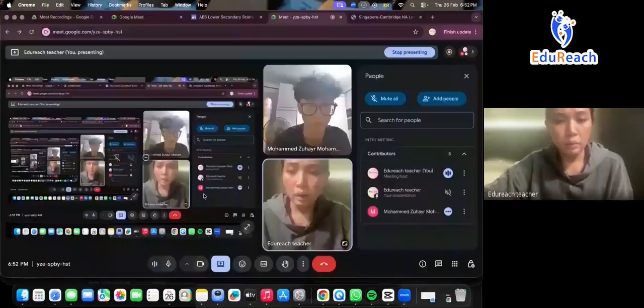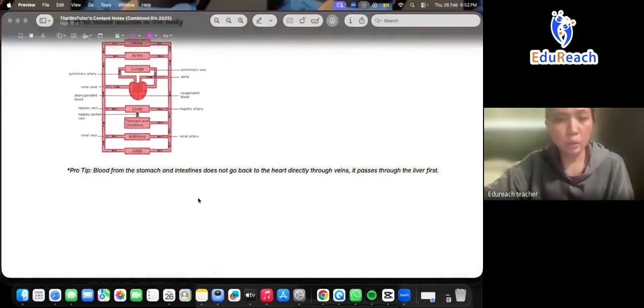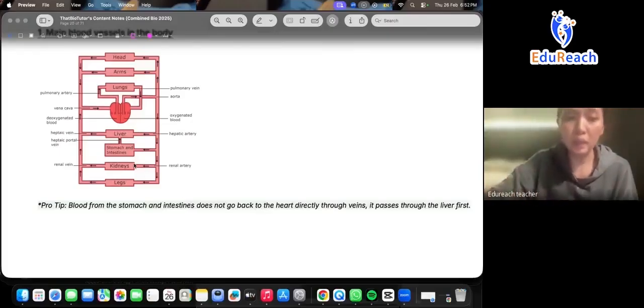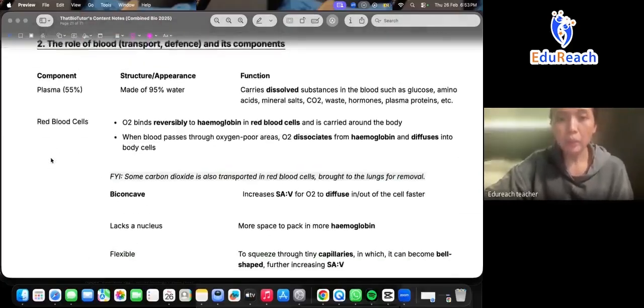Then we have this pro tip. Blood from the stomach and intestines do not go back to the heart directly through the veins because it will have to pass through the liver first. And the vein connecting the stomach and intestines to the liver is the hepatic portal vein.